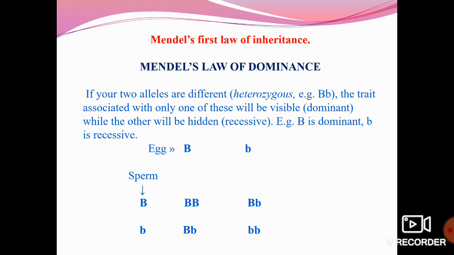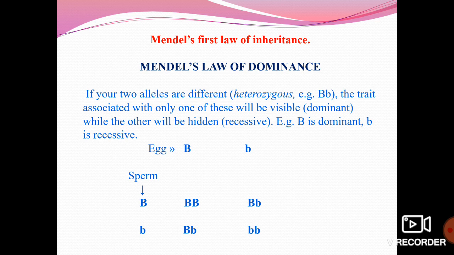Here you can see that the pea plants that he used were having TT genes, capital T, and small t.